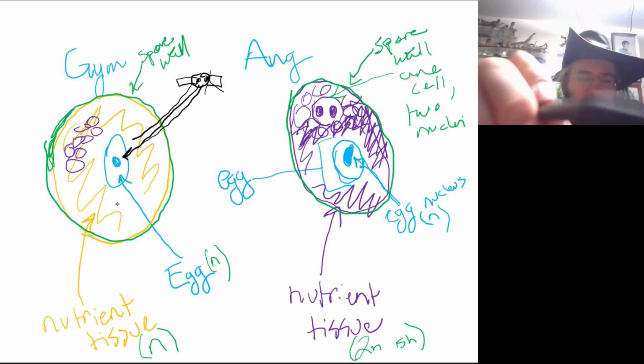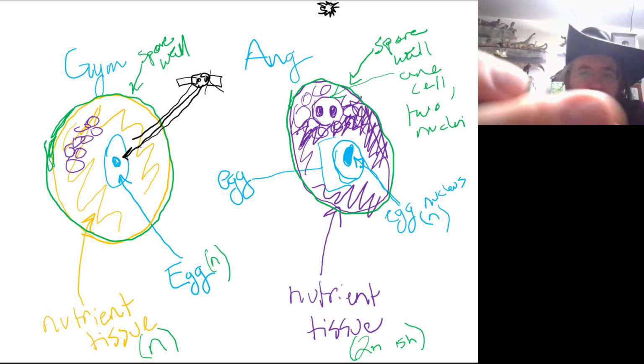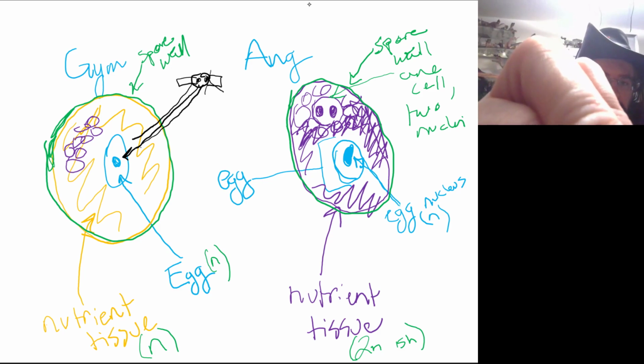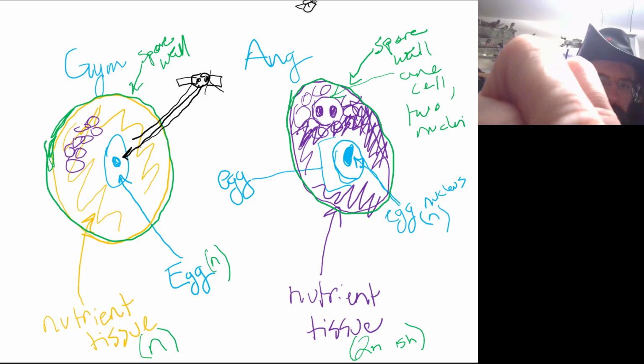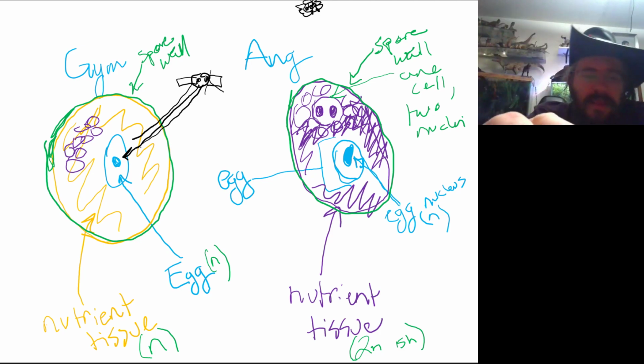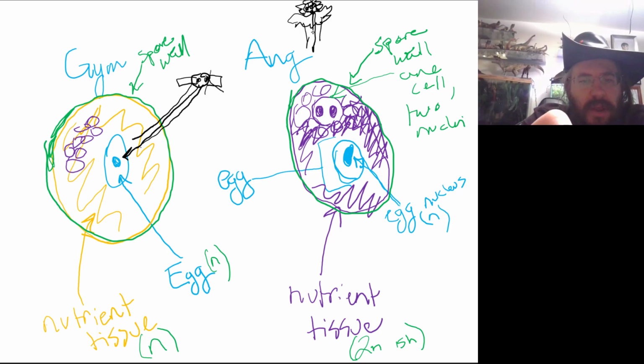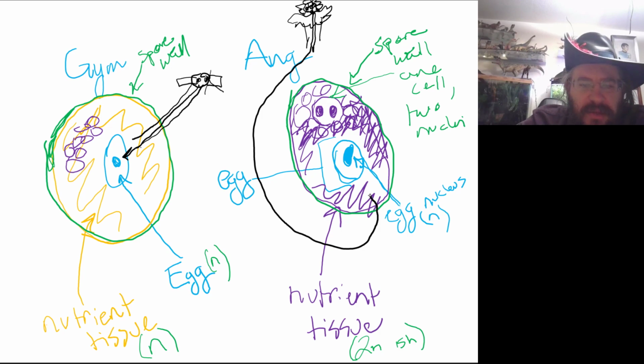All right. So, we'll have our angiosperm pollen. Two nuclei, right? This is up at the stigma. And you're going to get a pollen tube growing all the way down, all the way around, all the way into here.